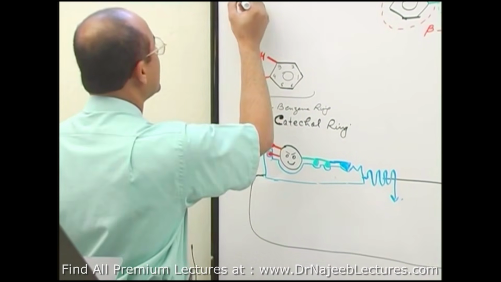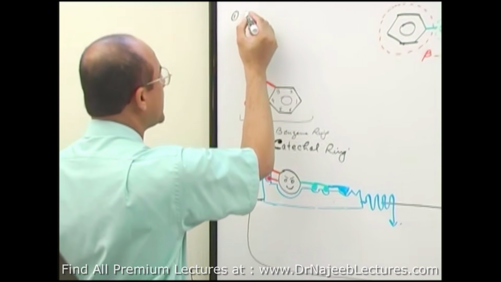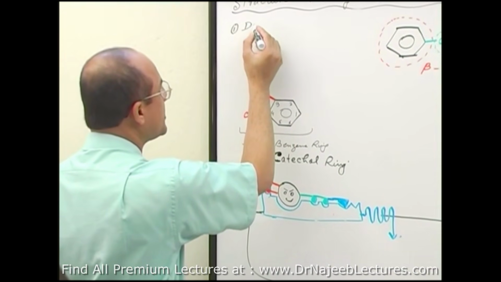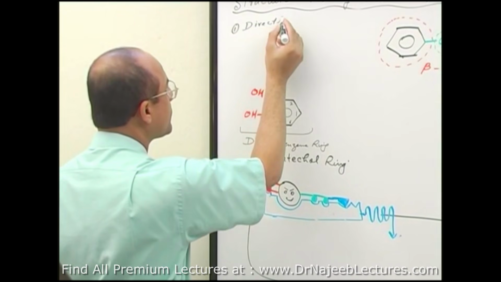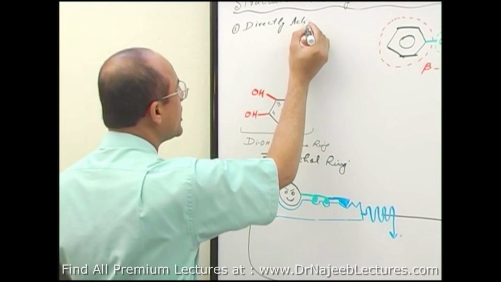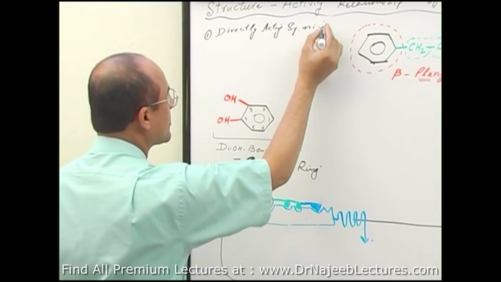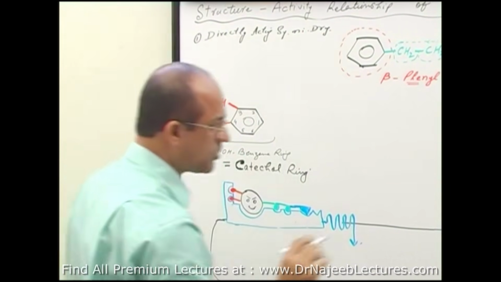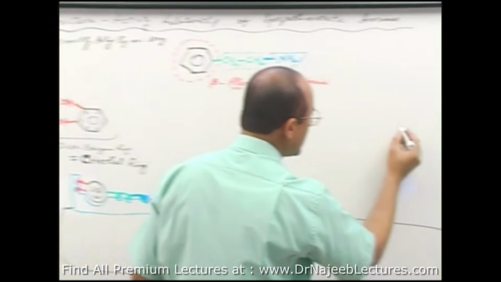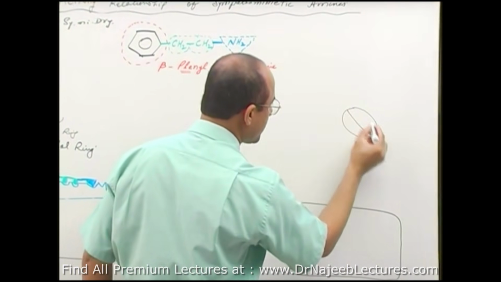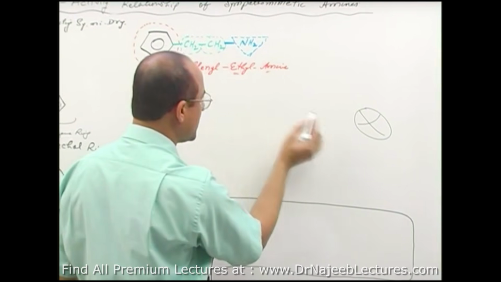So this hydroxylation will determine that catecholamines are directly acting sympathomimetic drugs. Now let me tell you. For example, here is your heart. I don't want your heart to be black, but anyway it's there.